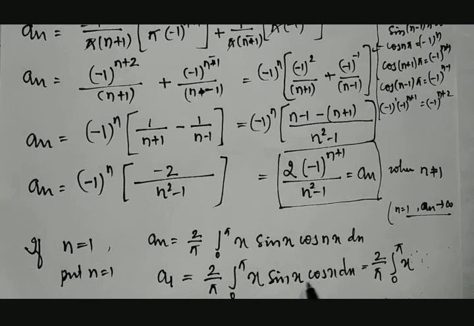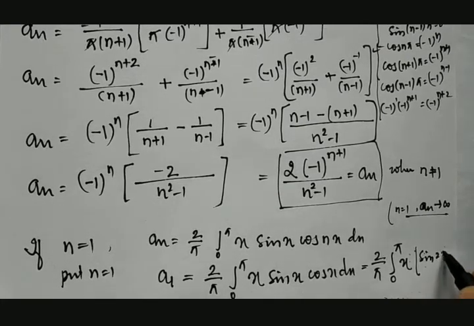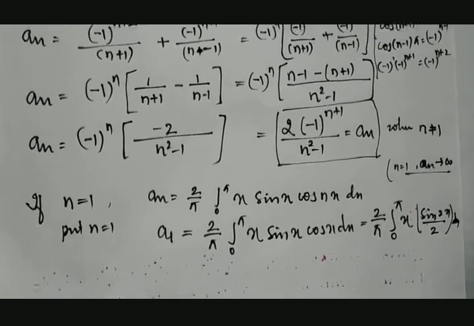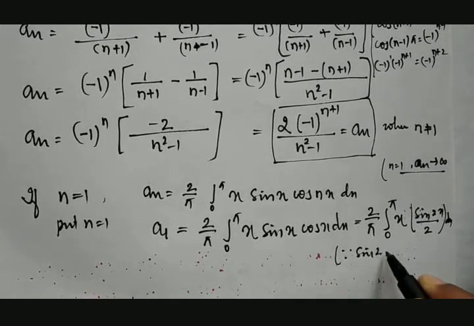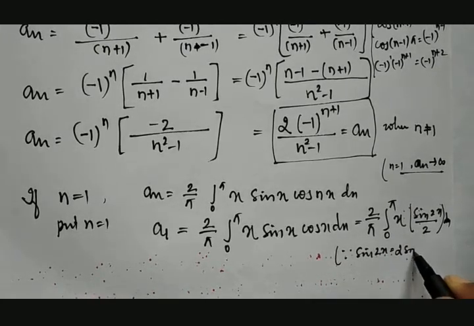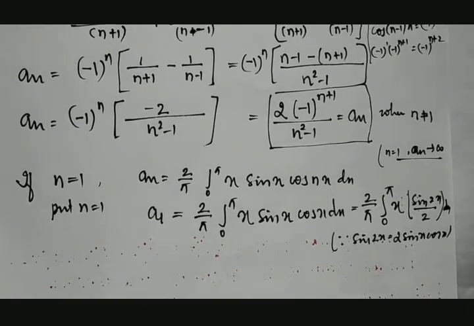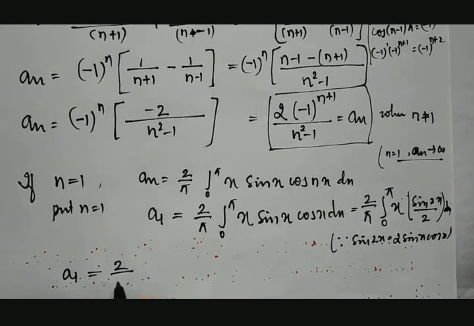Therefore sin x into cos x will be sin 2x divided by 2 with respect to x. Why is this? Because sin 2x is 2 sin x into cos x.